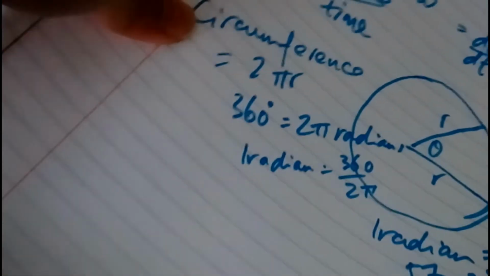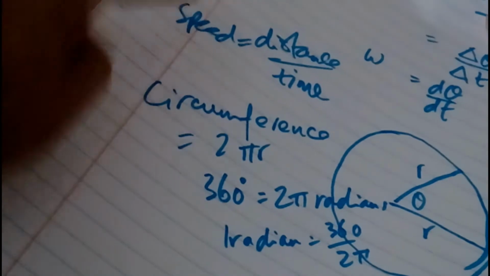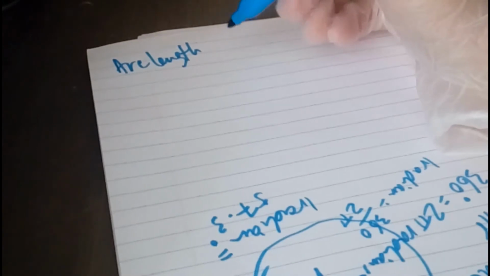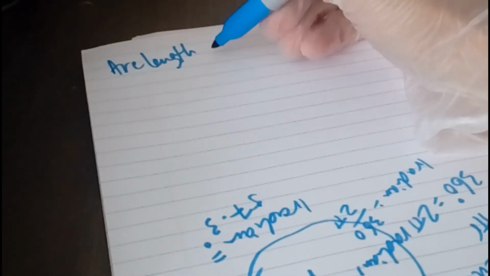If we go back, we know that speed is equal to distance divided by time. We need to work out the arc length. How do you work out the arc length? We know the whole circumference of the circle is 2 pi r.